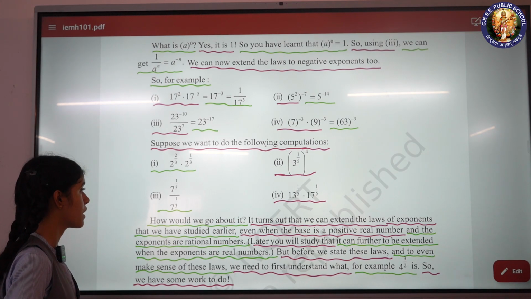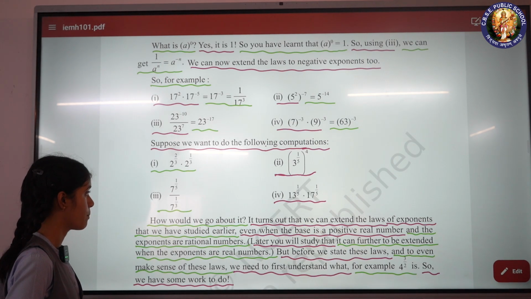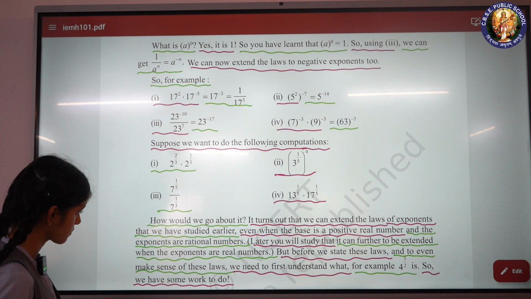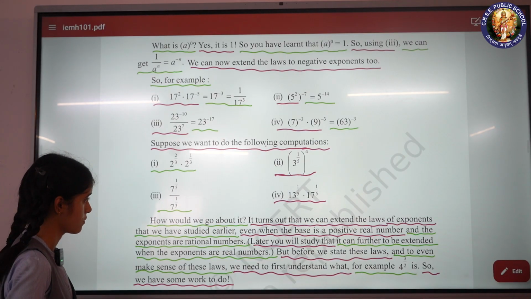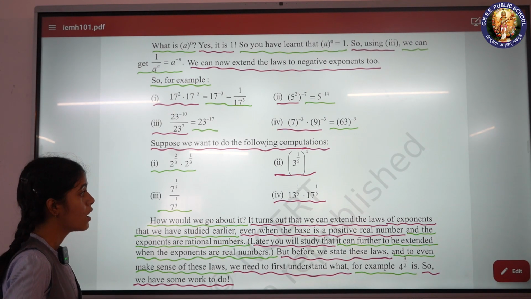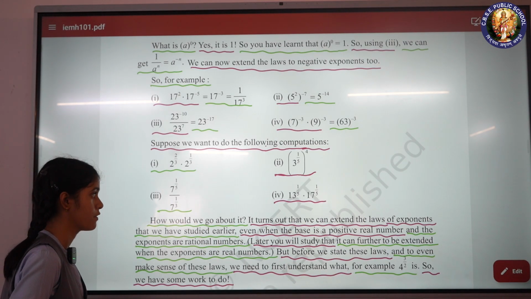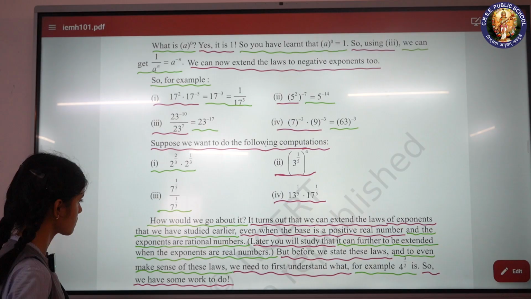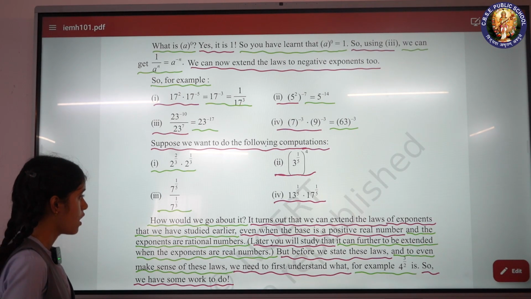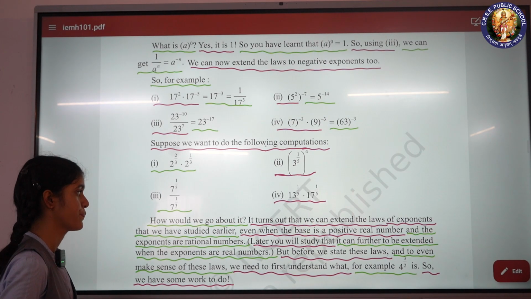Third, 7 to the power 1 by 5 by 7 to the power 1 by 3. Fourth, 13 to the power 1 by 5 into 17 to the power 1 by 5. How do we go about it?